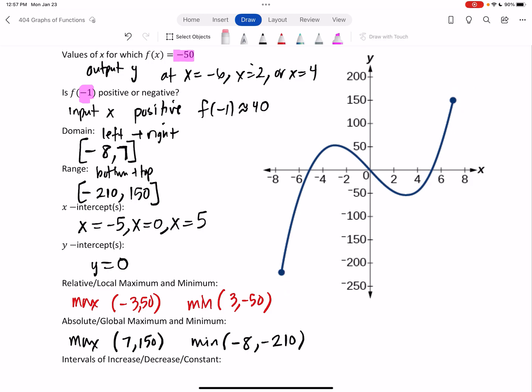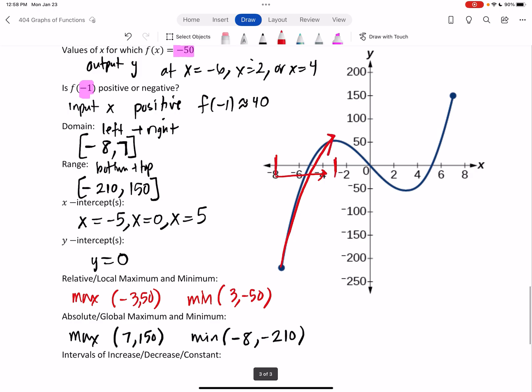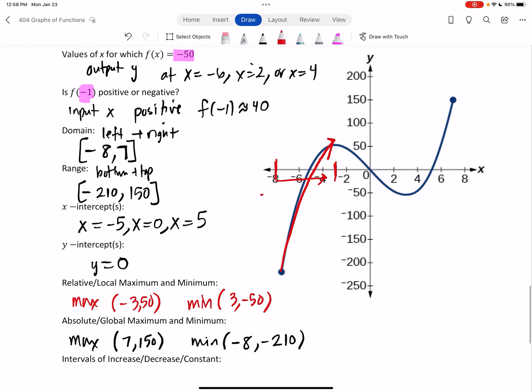Okay, so if we're walking from left to right on this graph, what's happening? Well, we're climbing up the hill from negative 8 until negative 3. From negative 3 to positive 3, we're going down the hill.